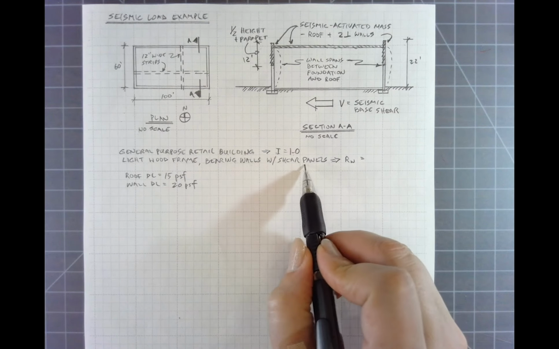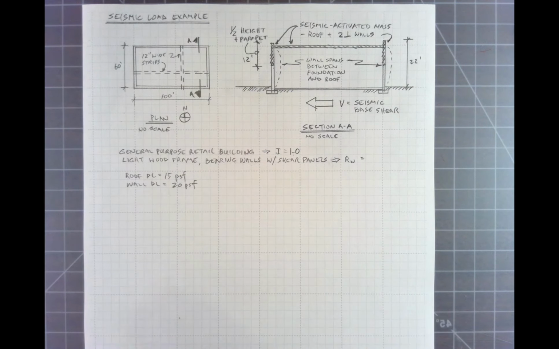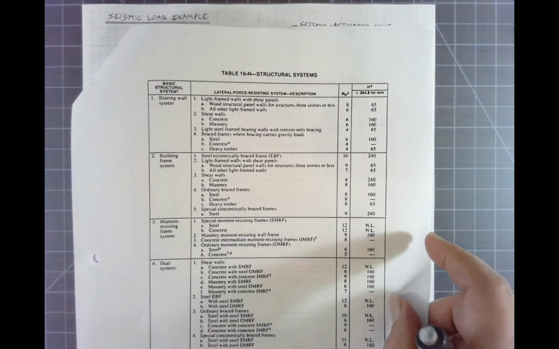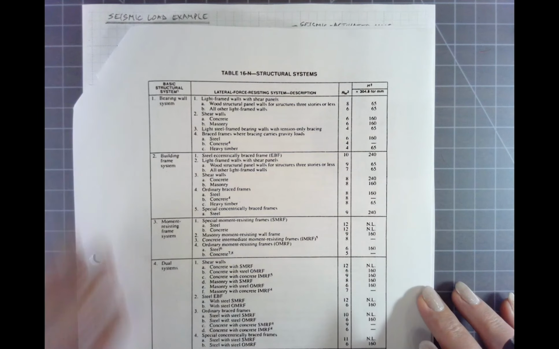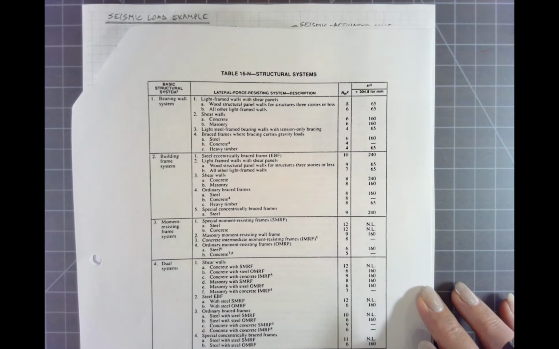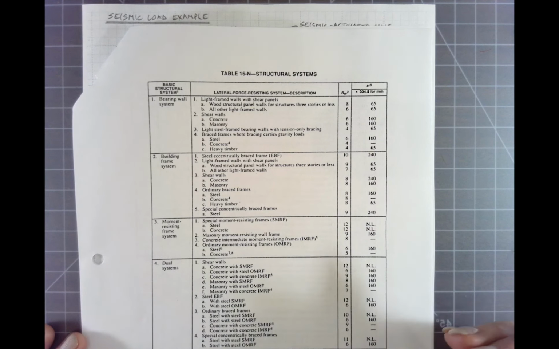So in our handouts here, this is from the Uniform Building Code circa 1987. Last time that this particular code was used. We're doing this because it is much more clear than the new codes. The new codes are more accurate, but the older codes are more clear, simpler to understand, and that's our purpose here, is to really understand the behavior.